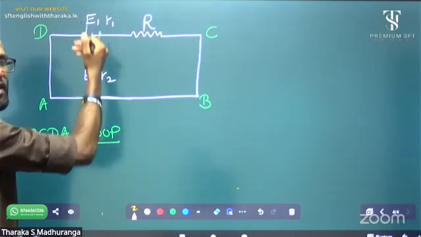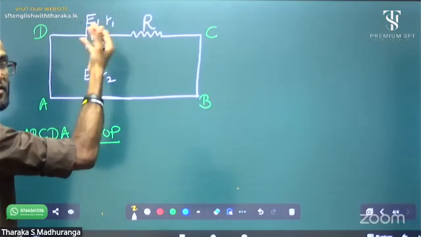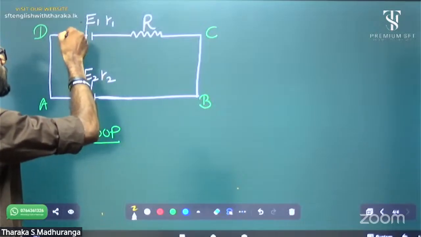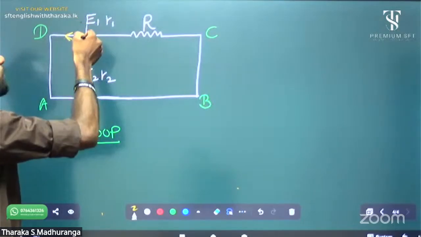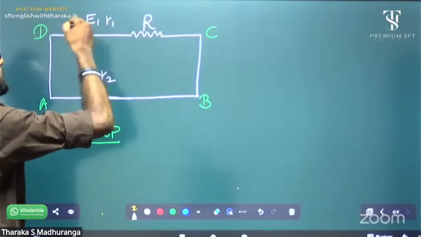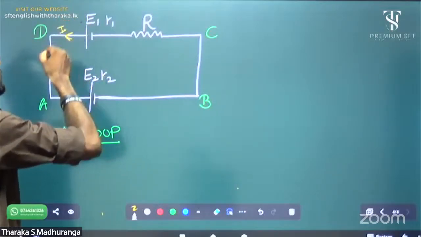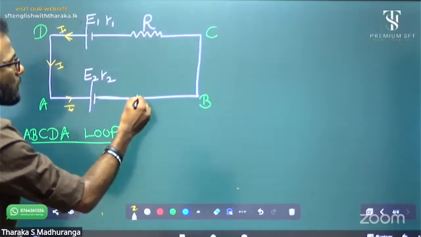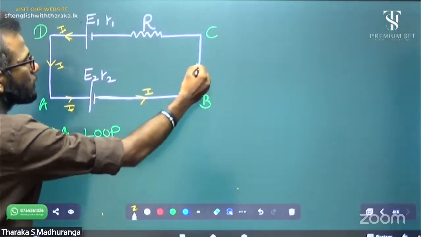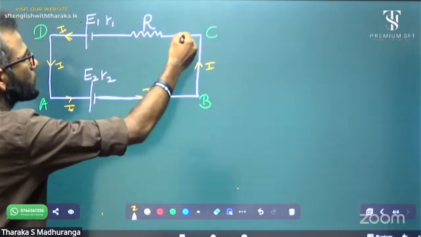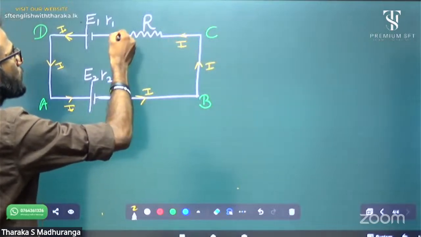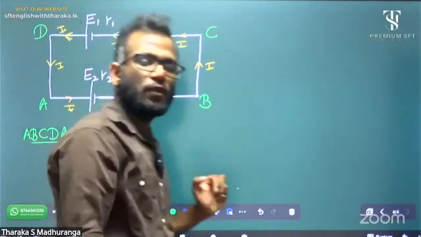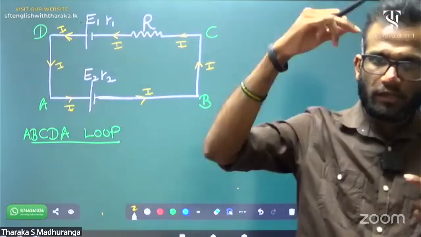We don't know which of E1 and E2 has the highest potential difference. I think the current flows through the positive in this direction. Then this is I. The same current flows because there are no junctions here. The same current flows through this entire path.